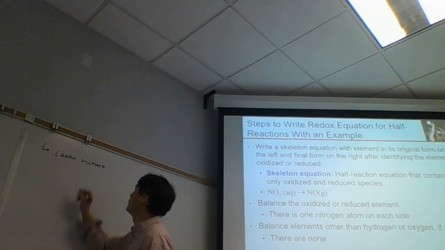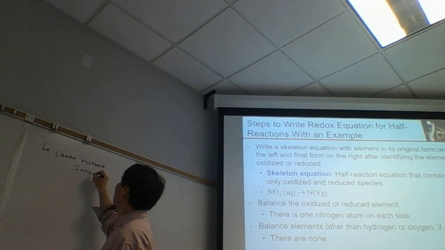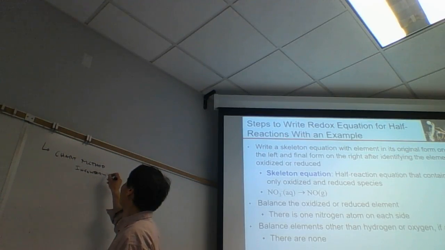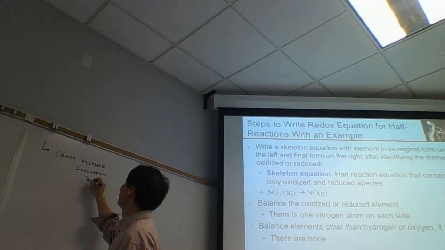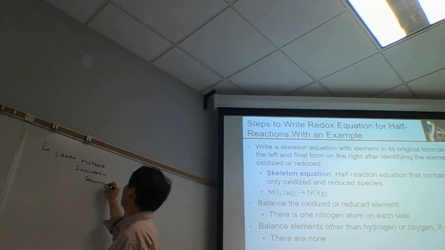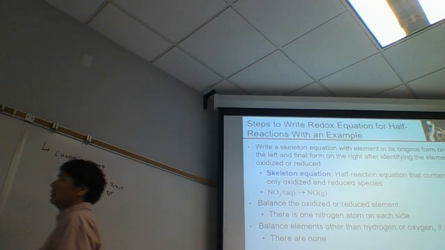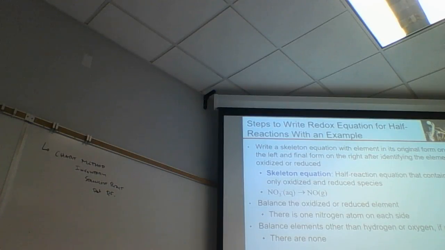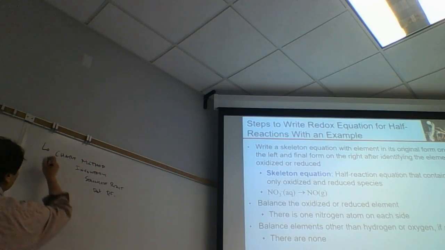You do the inventory, and then the strongest react. But we have to determine driving force. There may not be, even when you pick the strongest, they might not be strong enough to react. So that's the chart method. We spent some time looking at that.